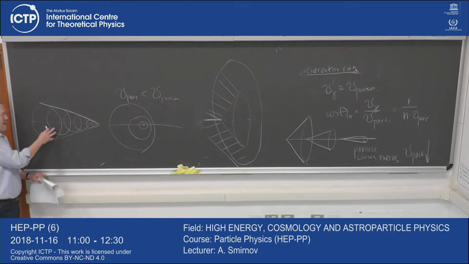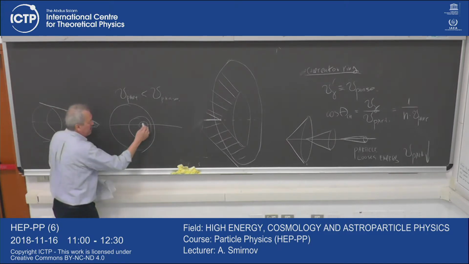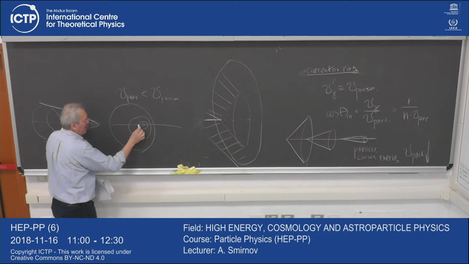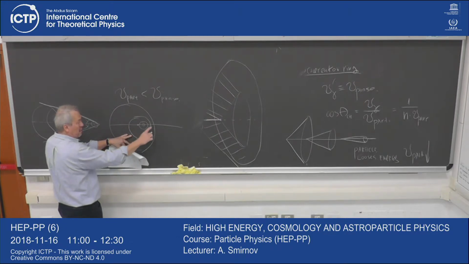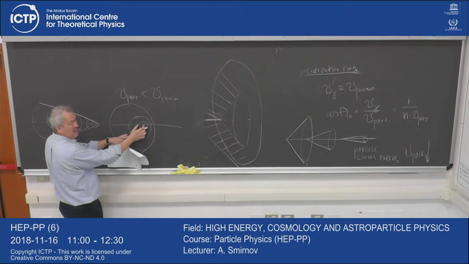The sphere emitted in the next moment is shifted with respect to the original one. So the particle moves slower and the light propagates faster. The light which was emitted, for instance, from this point, has this position of the sphere, but the particle just moved this distance.